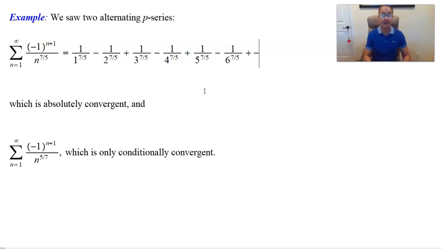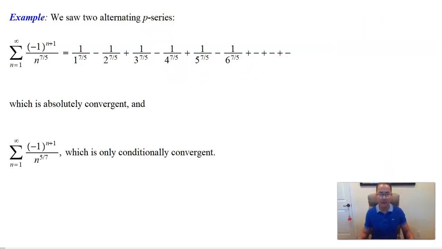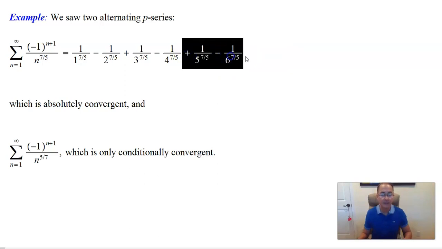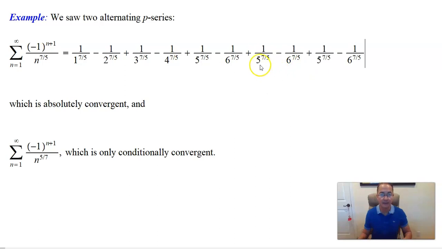Plus, minus, and so on. Yeah, let's do a couple more pairs. Might as well go all the way to 10. Let's go 5, 6, 7, 8, 9, and 10.